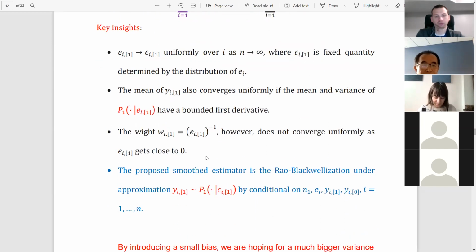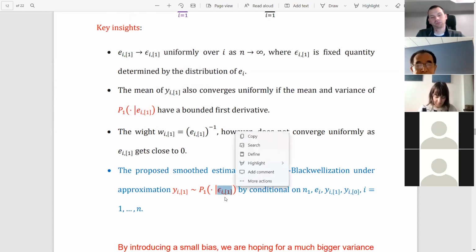So then the proposed smooth estimator is the Rao-Blackwellization. If you are willing to replace this y_i from this distribution by y_i under this limiting distribution, remember this epsilon_i is a limit of this one, right? So this will converge to this uniformly.